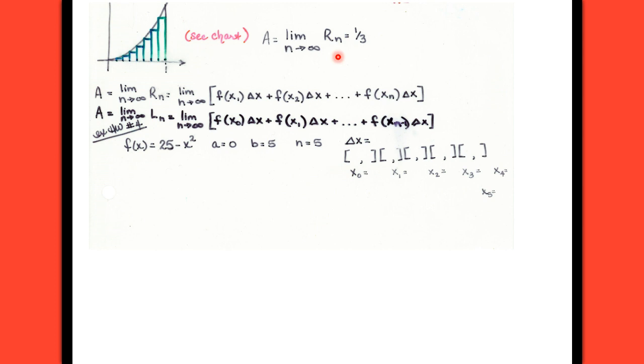So here are the formulas that they give us on page 318 for the way that we can calculate the actual area under the curve from either the left or the right. Okay, so let's start with right. From the right, I want to take the limit as n approaches infinity of the right-hand approximation. Let's think about how we got that right-hand approximation.